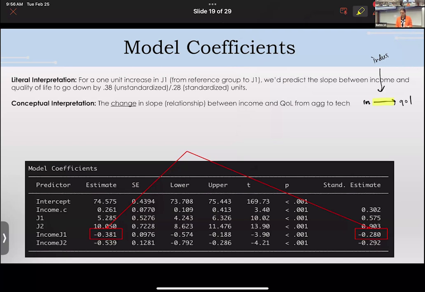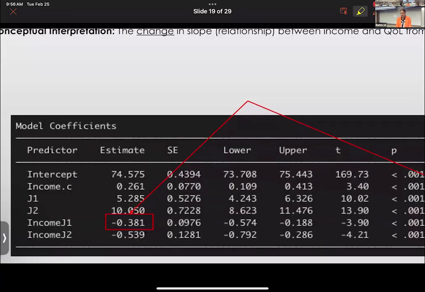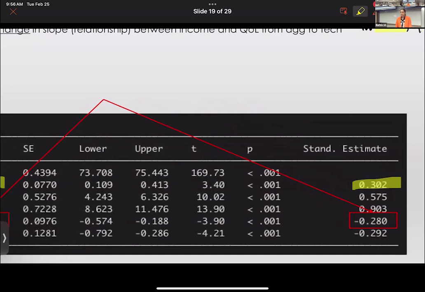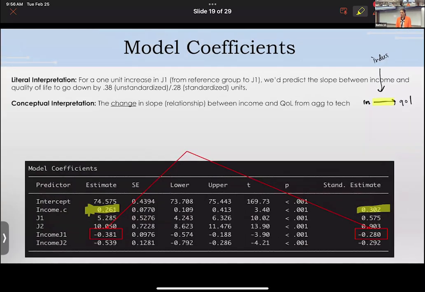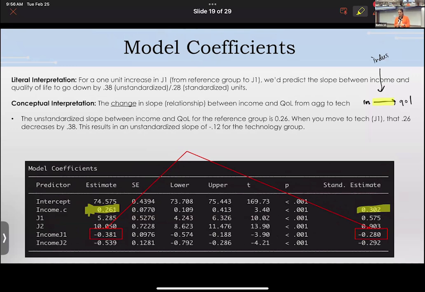So what's the unstandardized relationship between income and quality of life for the reference group? 0.26. Y'all see it right here, right? And what is it standardized? 0.30. So that's where we start, right? The unstandardized slope between income and quality of life for the reference group is 0.26. When you move to tech, that 0.26 goes down by 0.38. That leaves us with an unstandardized slope of negative 0.12 for the tech group.